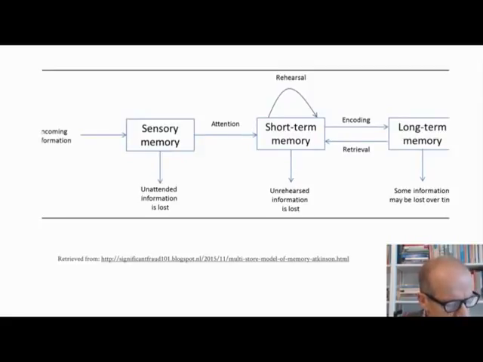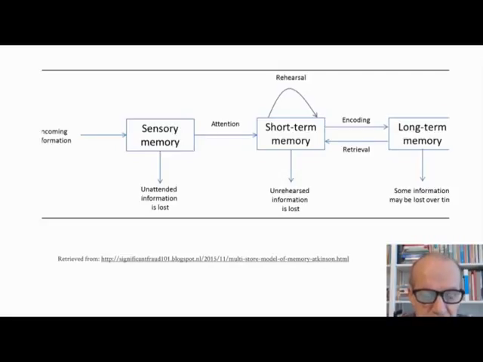We have three stores here, each with its own characteristics: the sensory memory, the short-term memory, and the long-term memory. Now let's first explore the system and then the processes which are also mentioned here in this picture: attention, rehearsal, encoding, and retrieval.